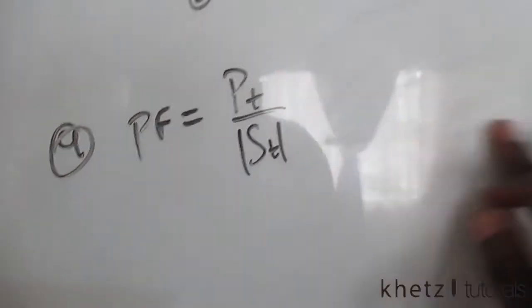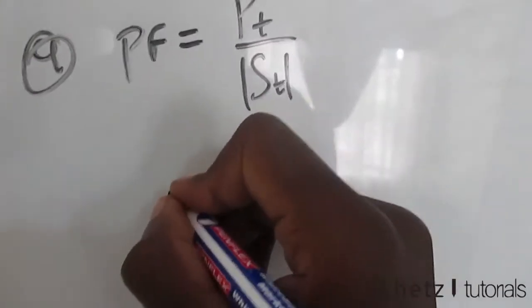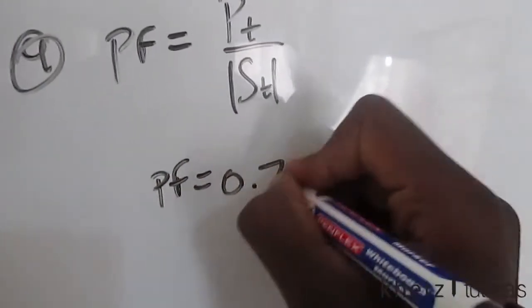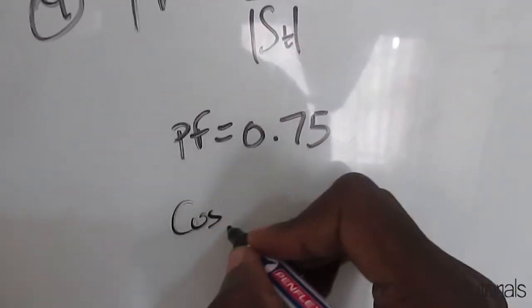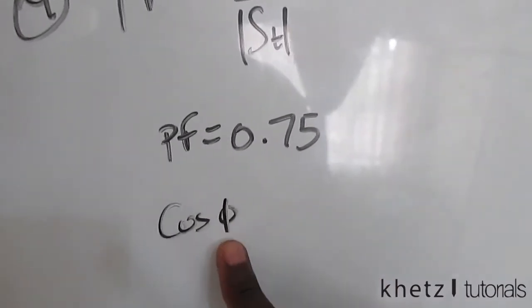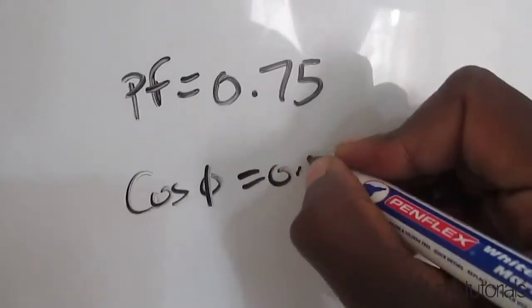So let's do that. For one of them, we're told that the power factor is 0.75. The power factor is the cosine of an angle formed from the angle of the voltage subtract the angle of the current, which equals 0.75.